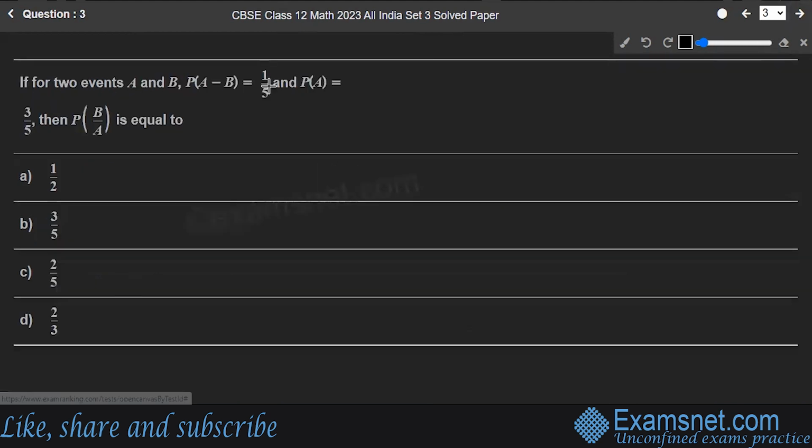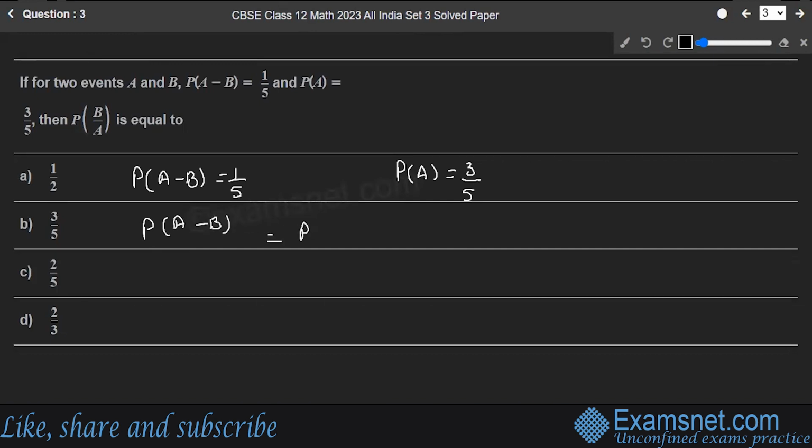Next is question number 3. The two events A and B, P(A minus B) is equal to 1 by 5 and P(A) is equal to 3 by 5. Then P(B given A) is equal to. You have P(A minus B) equal to 1 by 5, and P(A) equal to 3 by 5.